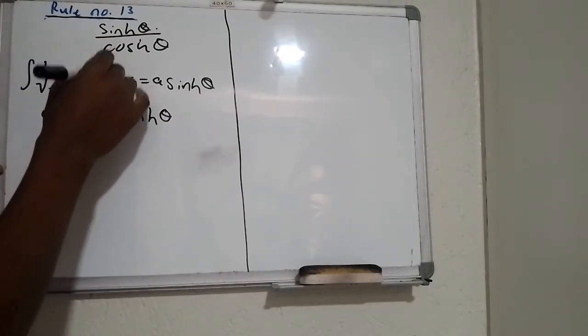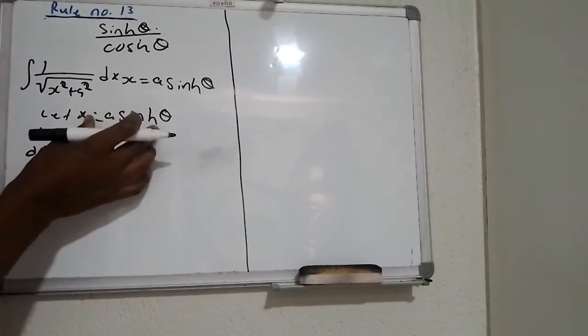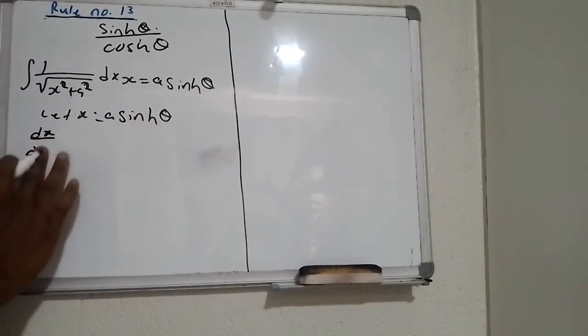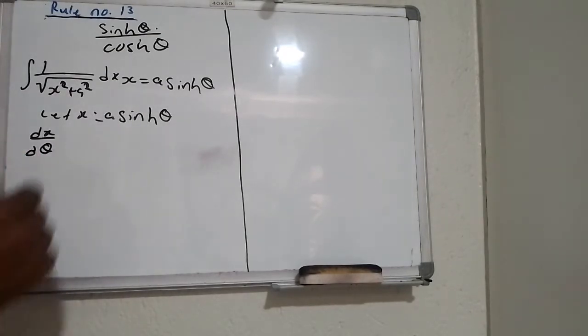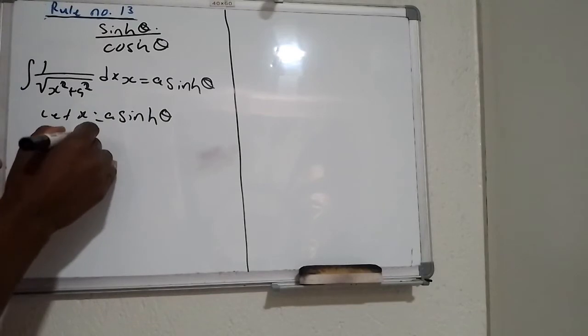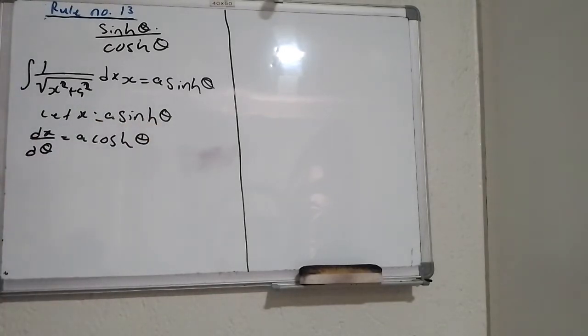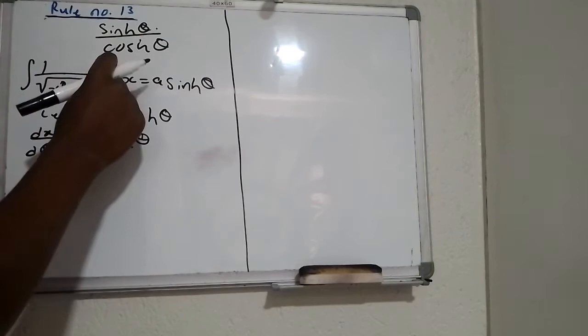But I want to remove that dx, so I'm going to differentiate this so that I can make dx the subject of the formula. Then what I'll have is a cos of theta, so that I can substitute it back here.